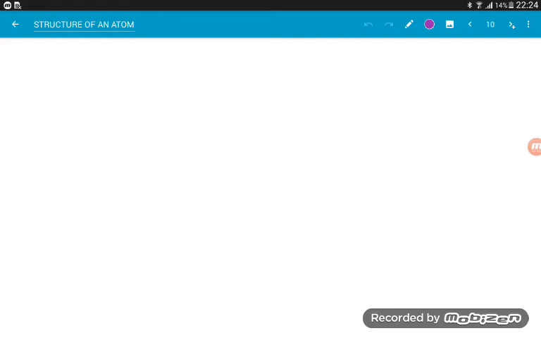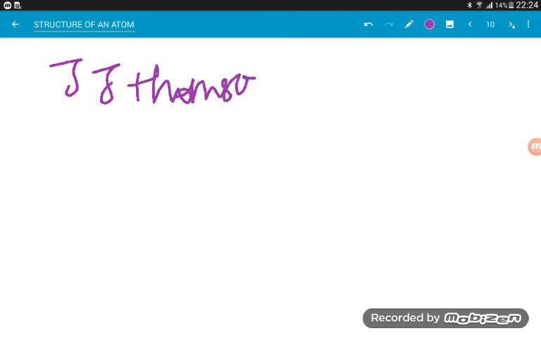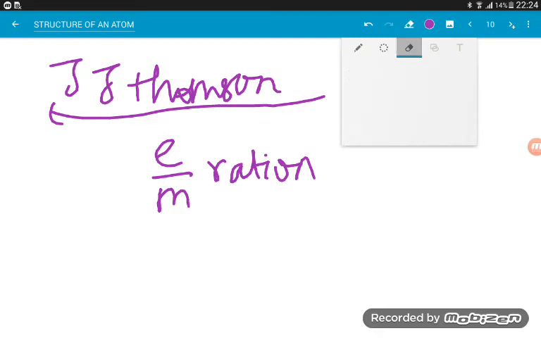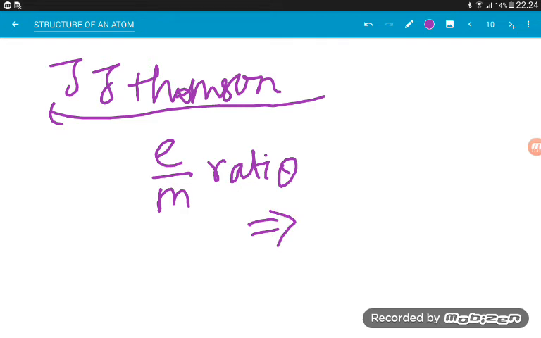We know J.J. Thomson was the one who discovered the cathode ray experiment, and he also determined the value of the e by m ratio. He told that the e by m ratio is equal to 1.76 into 10 power 11 coulombs per kilogram.